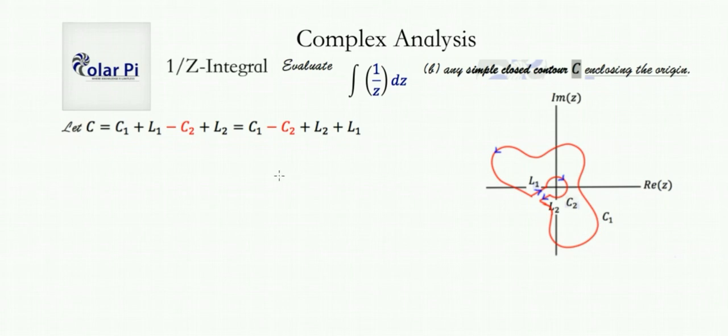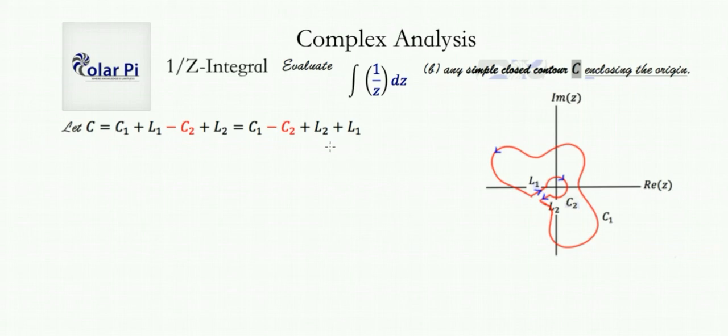But then also, what we do is we take the limit as the radius of this small circle around the origin, C2, goes to 0. So the limit as the radius of this smaller circle, C2, goes to 0, would have the gap here on the crosscut also go to 0, meaning that L1 and L2 will be of equal length, but in opposite directions.